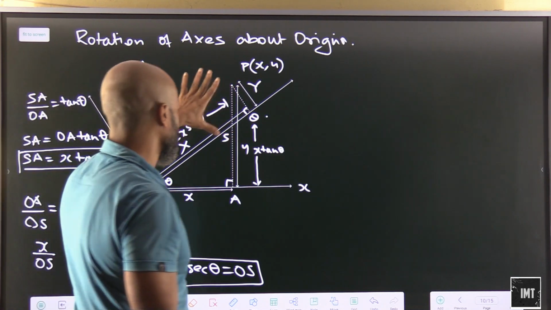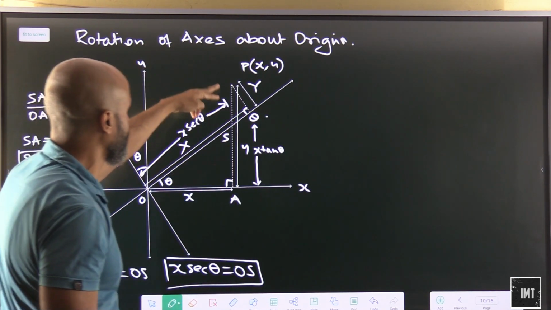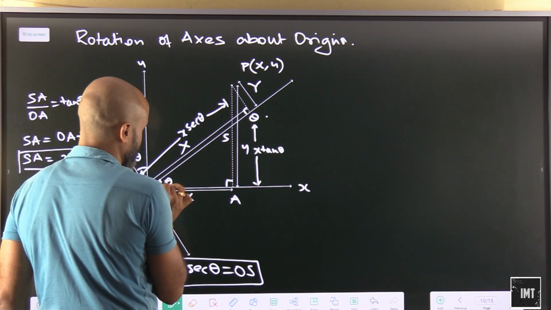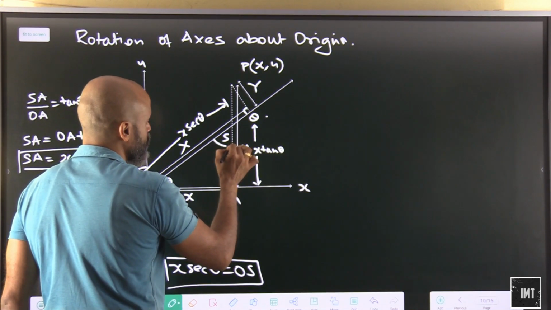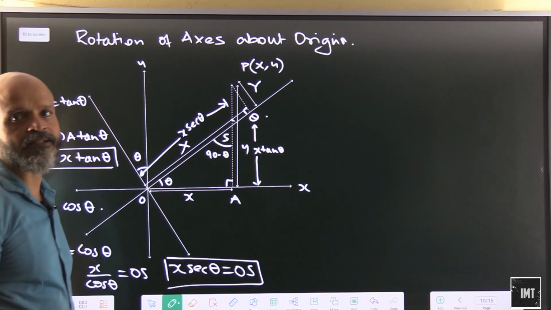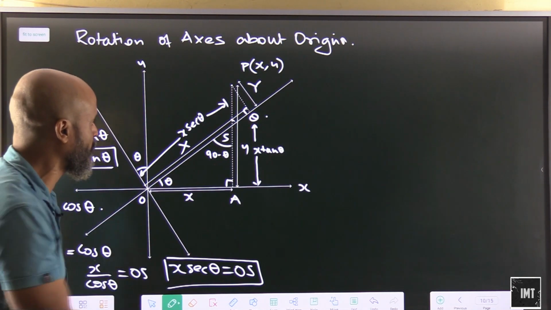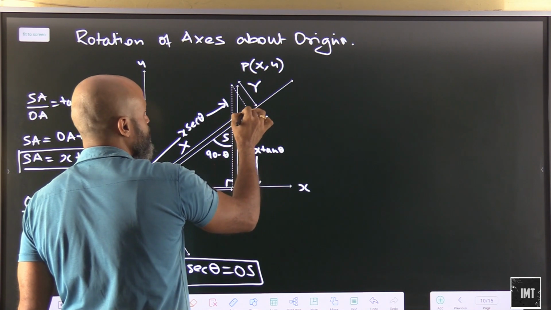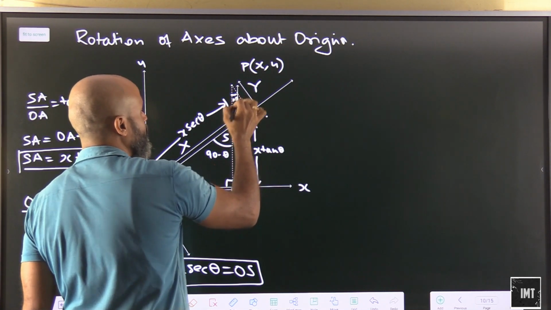Okay, now what can we express in this triangle? Look at this very carefully. This is theta, this is 90, so obviously this angle will be 90 minus theta. If this is 90 minus theta, this is also going to be 90 minus theta by vertically opposite angles. So if this is 90 minus theta and this is 90, this angle will become theta.